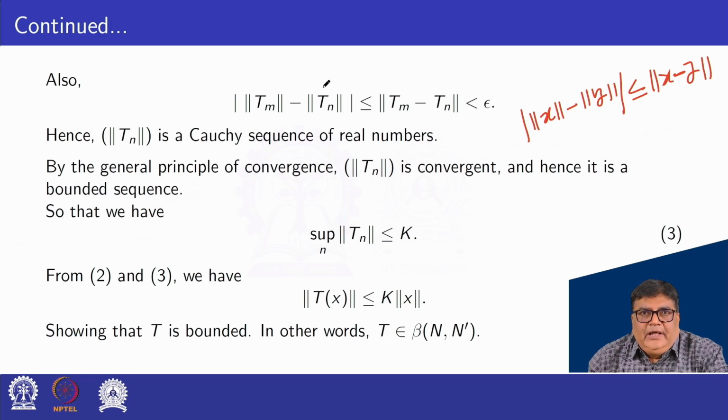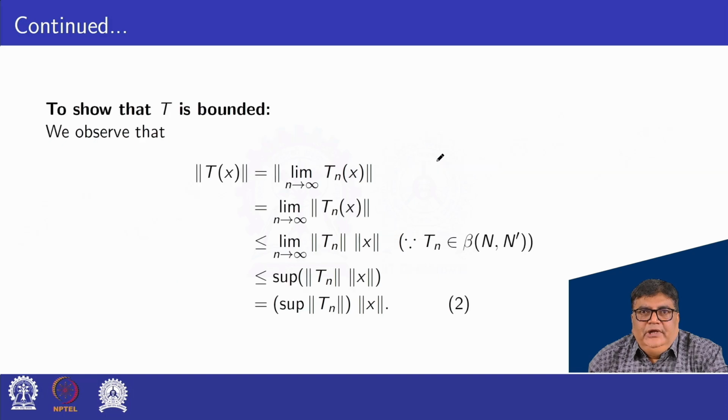So applying this property here, |‖Tm‖ − ‖Tn‖| ≤ ‖Tm − Tn‖.